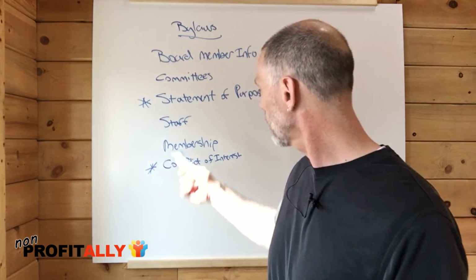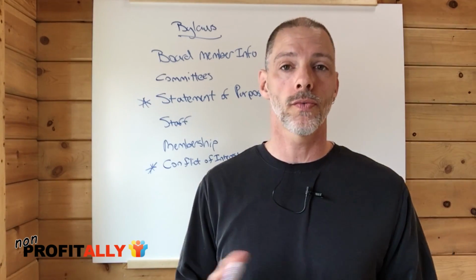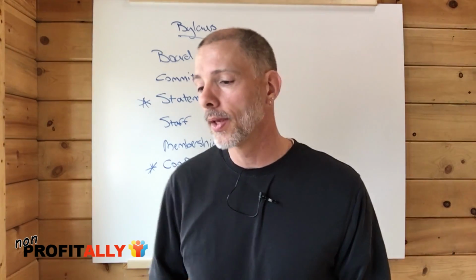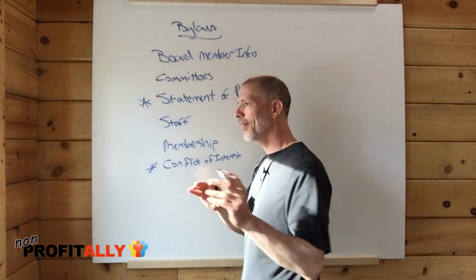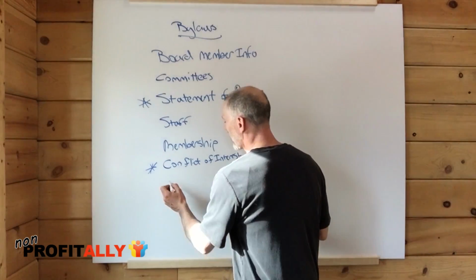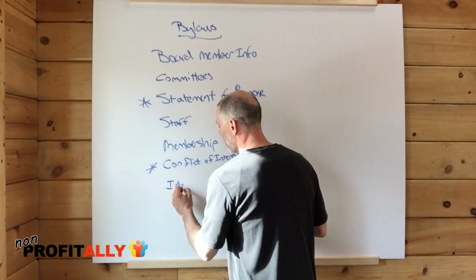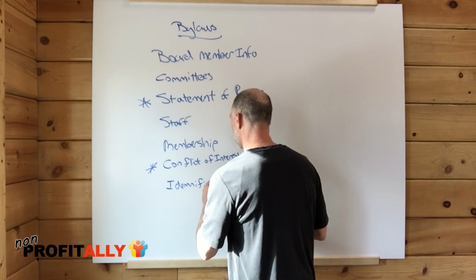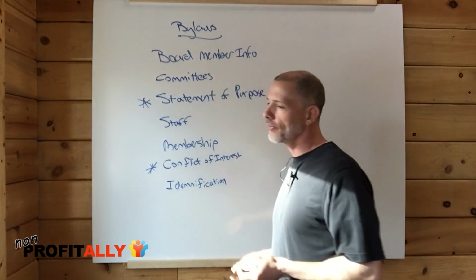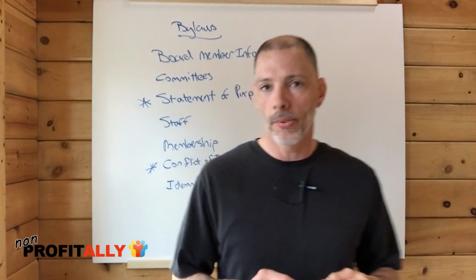So as long as you have a conflict of interest statement in there and you follow it, you should be okay. Now, some other things they're going to want to see are indemnification. I can't speak and write this word at the same time. Indemnification, which is basically your liability for your board.